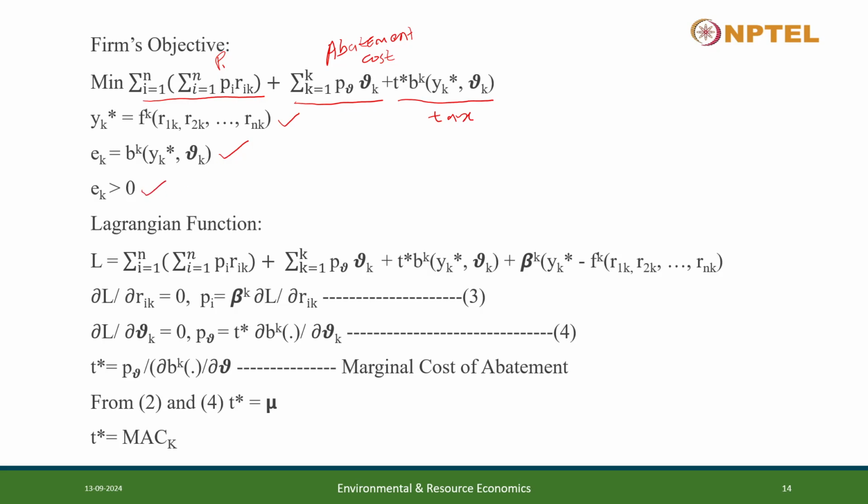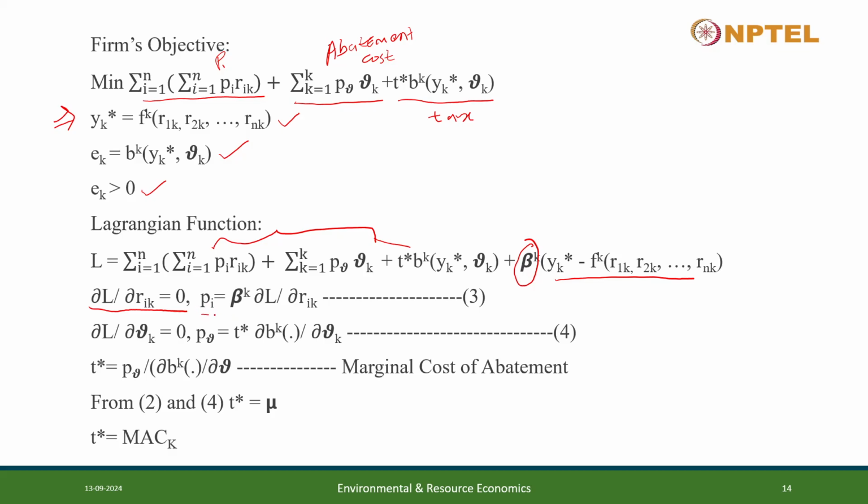From here, again, we will try to formulate. We first give the objective function, and then we say that beta k is my multiplier, and I multiply this with this function. Then I can say that the change in the Lagrangian function with respect to rik is equal to 0.